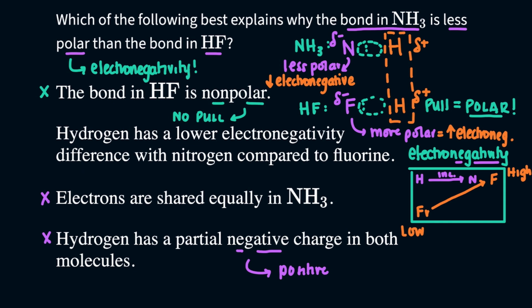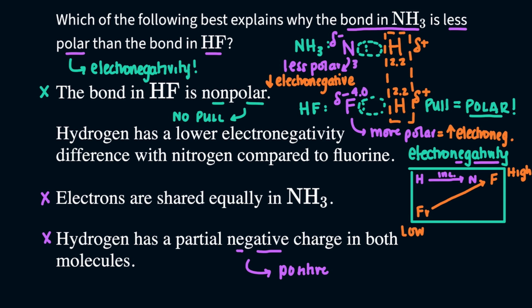And hydrogen has a lower electronegativity difference with nitrogen compared to fluorine. Let's just say hydrogen's electronegativity is usually like 2.2, and fluorine has the highest electronegativity, usually 4.0.